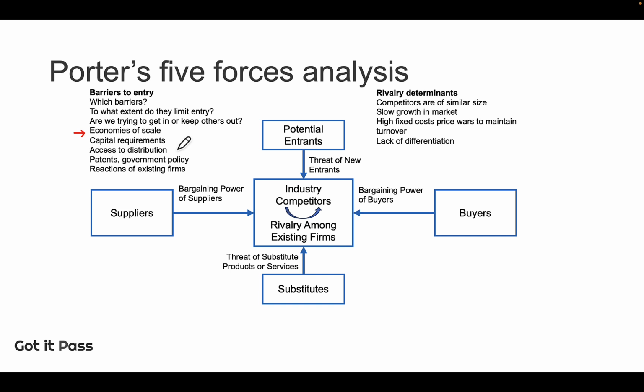Otherwise, they cannot compete with you, because on average cost base, you are much superior to them. So here is about the economies of scale for the threat of entry. If your industry has high capital requirements, then you could enjoy the economies of scale. So it goes to point number 2, the capital requirements, where the industry requires a heavy initial investment, as I mentioned.